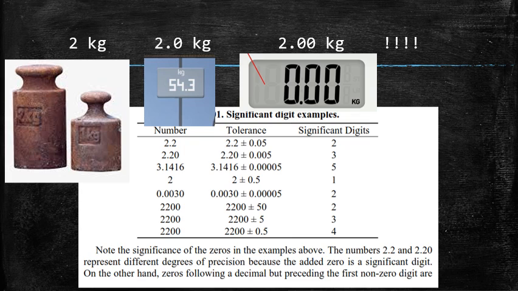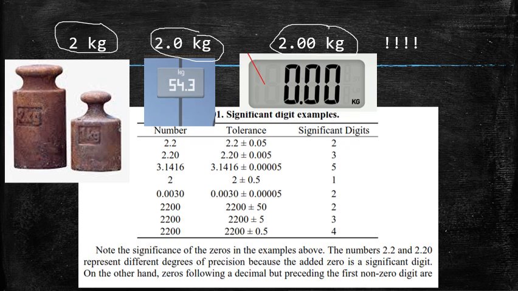Here we're gonna talk about significant digit or significant numbers. First of all, we can ask, are there any difference between 2 kilograms, 2.0 kilogram, 2.00 kilograms?